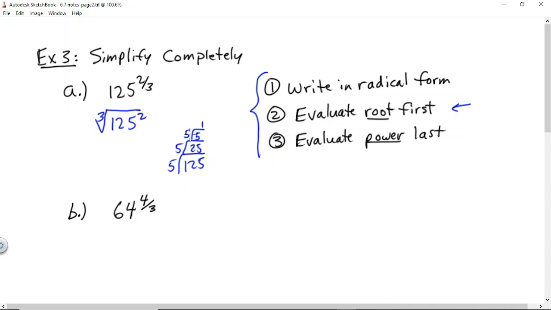There it is. We have our group of 3, nothing left over. So it's 5. And then we raise that to the second power. Do that first. Once you get that result, raise it to the second power. And what is that? That's just 25. See, write it like this.